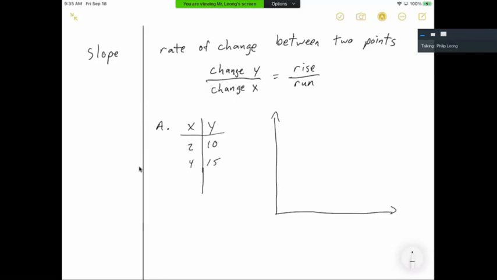Again, your x is always this axis, right? This is your x, and this is your y. So let's just do the basic points. Here's 2. Here's 4. Let's go up by 5s on the side. 5, 10, 15.